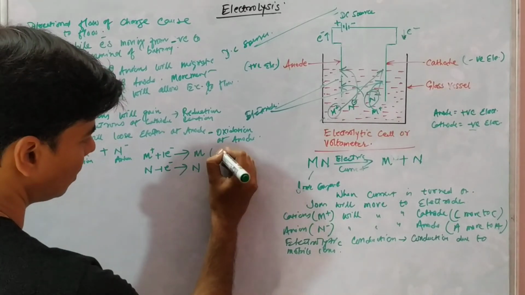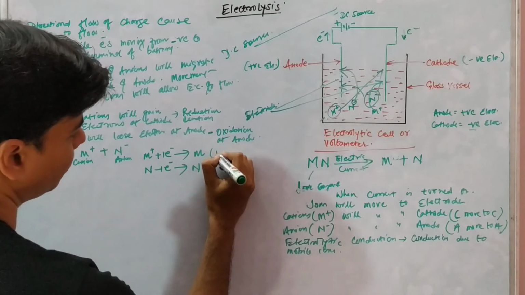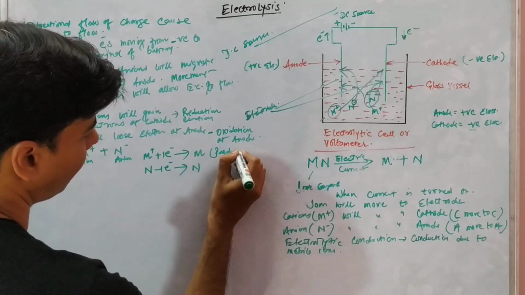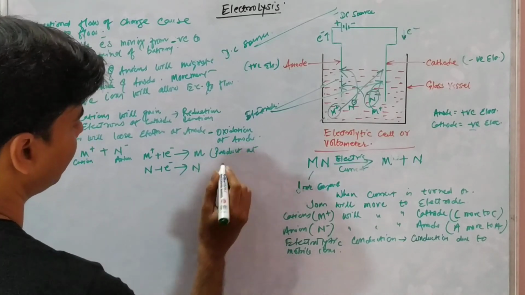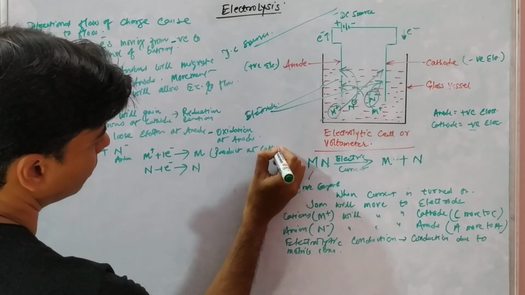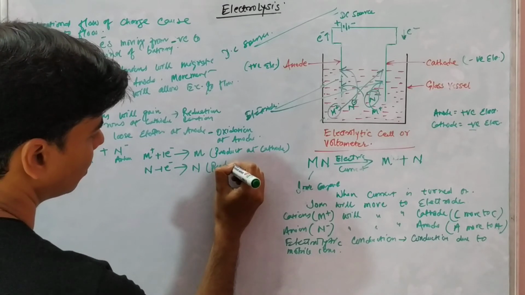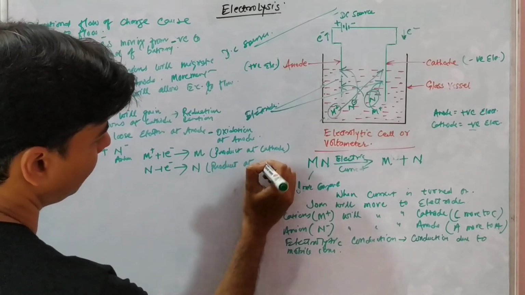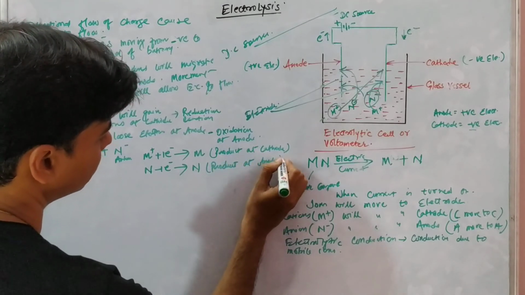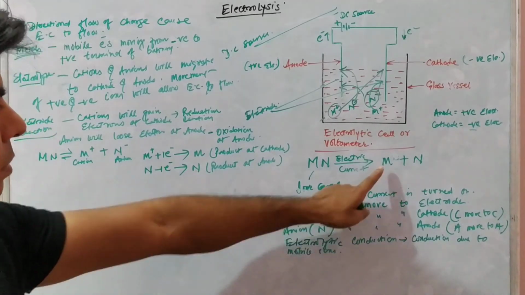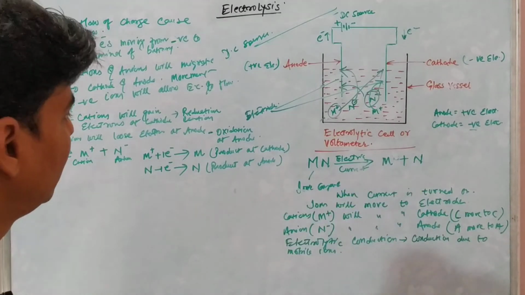So this is product at cathode, right, and this is product at anode, right? These are the products that we need.